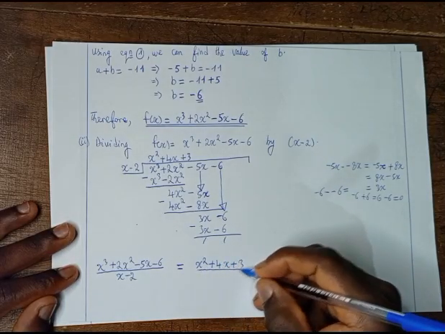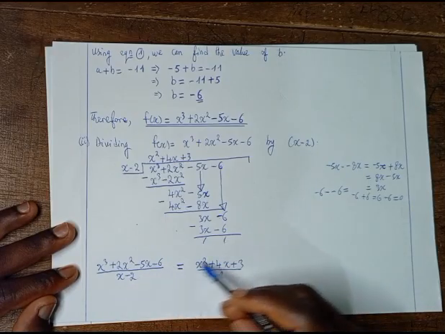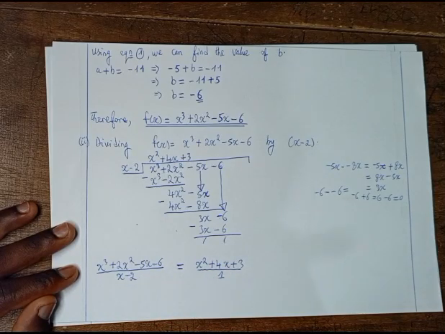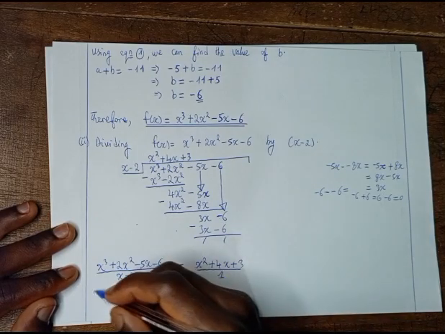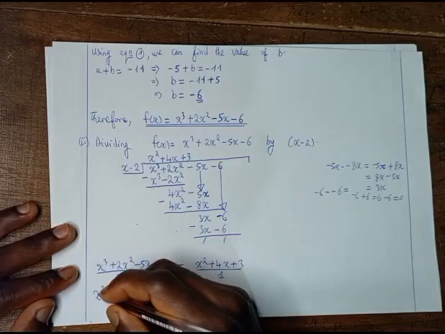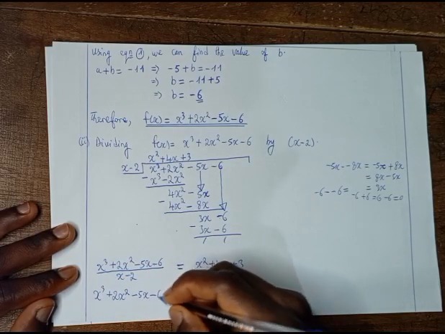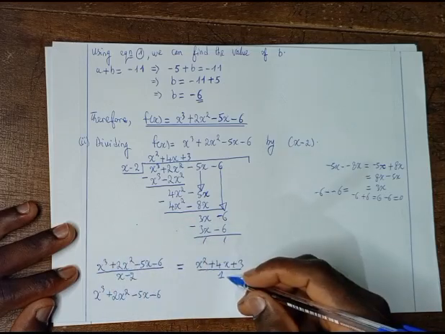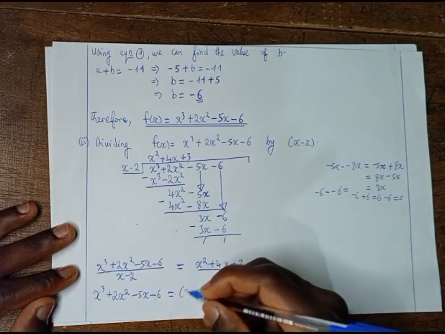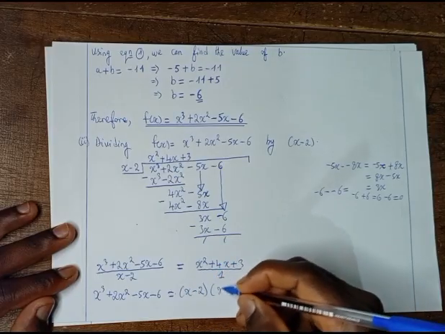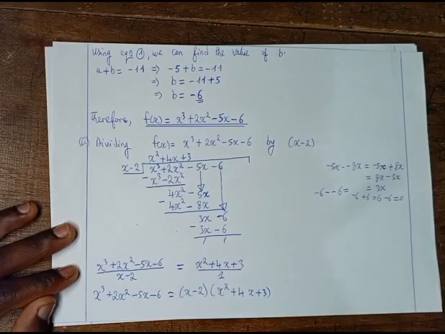We know this one is over 1. For us to get our polynomial, we simply cross multiply, or multiply through by the LCM, which is x minus 2. We cross multiply x cubed plus 2x squared minus 5x minus 6. When you multiply this by 1, it remains unchanged, so it will simply be equal to x minus 2 times x squared plus 4x plus 3.